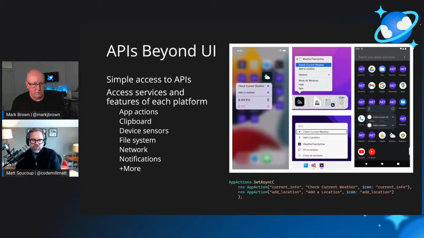It's just app actions set async, passing in the app action, and it works like you would expect each one on each native platform would. So app actions are common across all the platforms, and there's an app actions API within MAUI that makes it work across all of them.